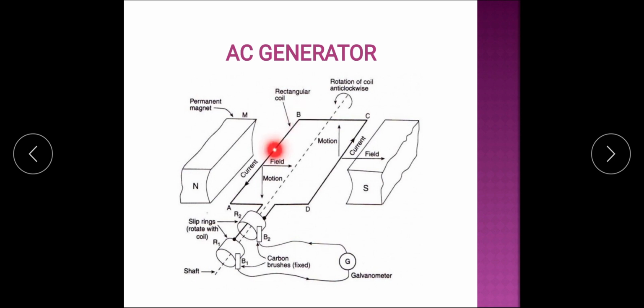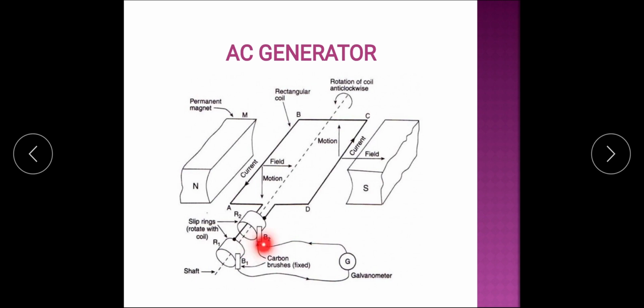The two arms of this coil are connected to two complete rings, R1 and R2. These complete rings are insulated from inside and are connected to a shaft or an axle. So when the shaft rotates, these rings rotate, which leads to the rotation of the rectangular coil.